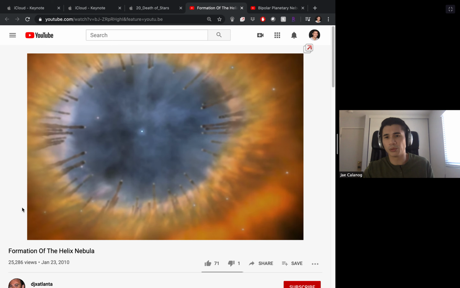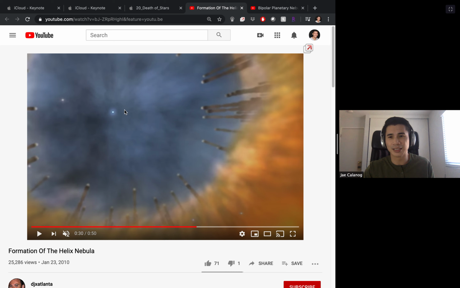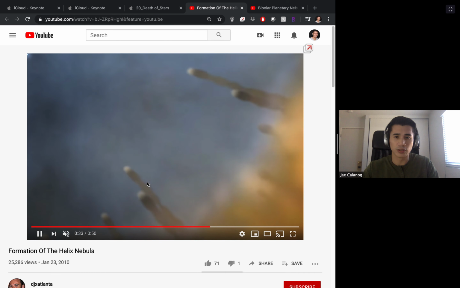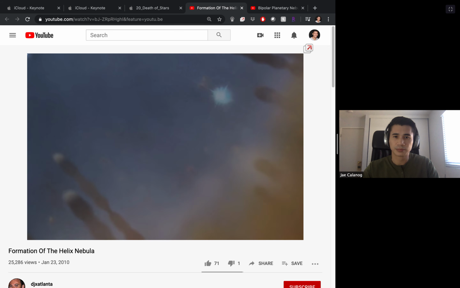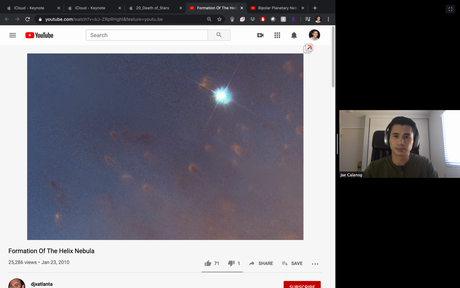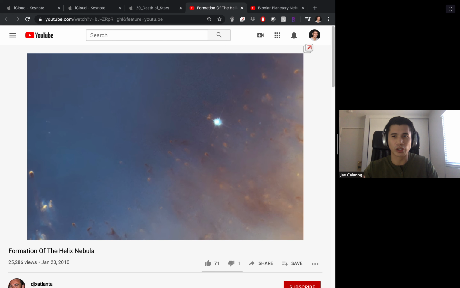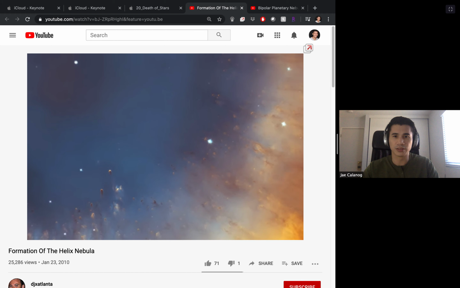And you can also see the white dot that I'm talking about, because that's essentially the core now being exposed. And we'll talk about that in a second. And so compared to the image you actually observe using the Hubble Space Telescope, it's a pretty close match here, as you'll see as you zoom out in this video.